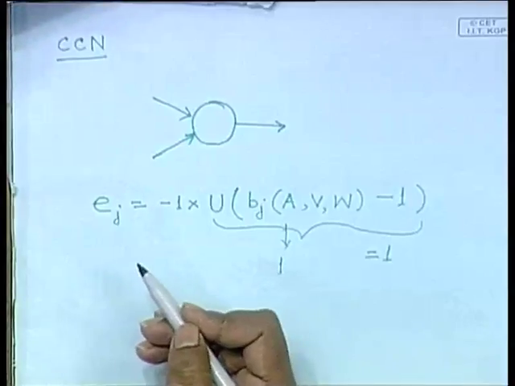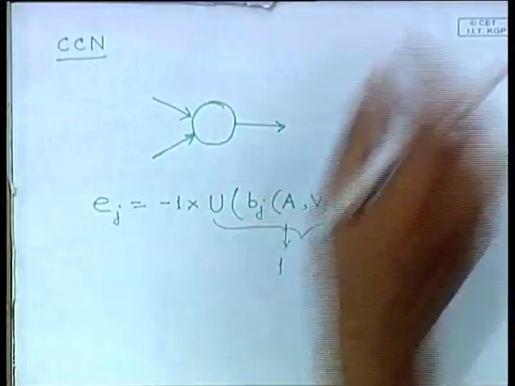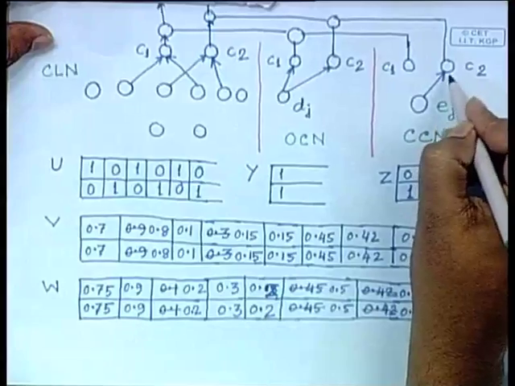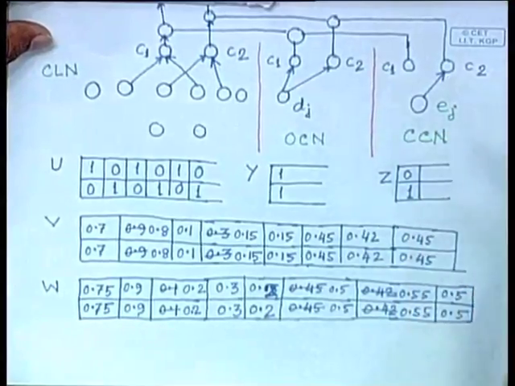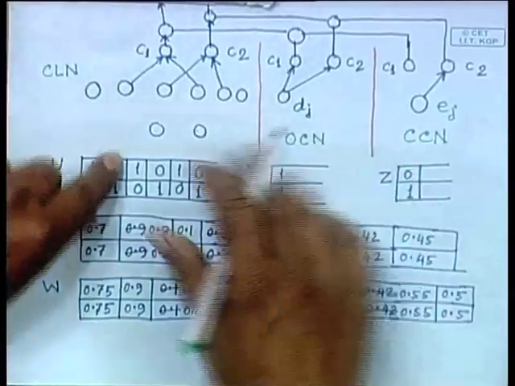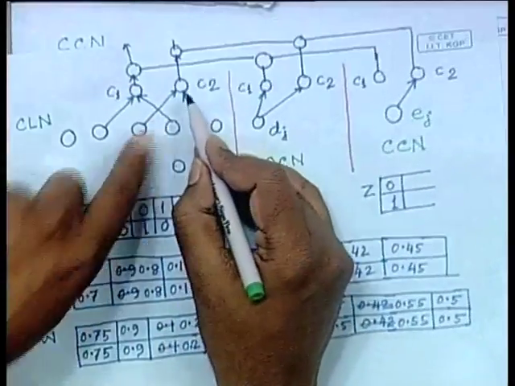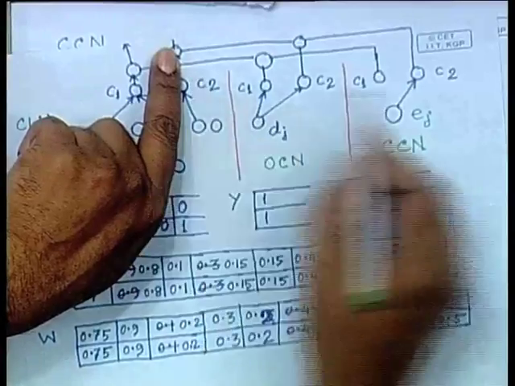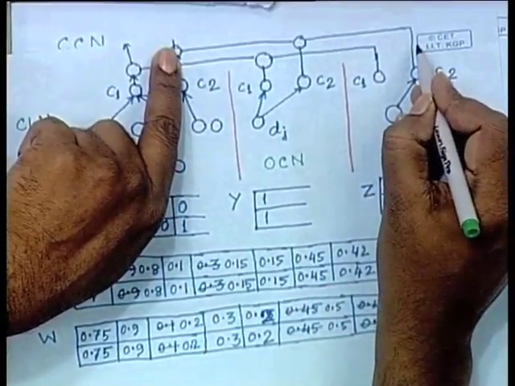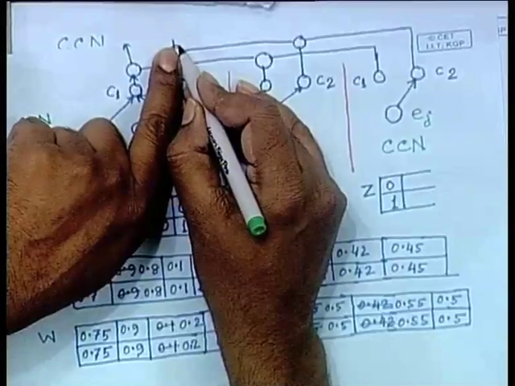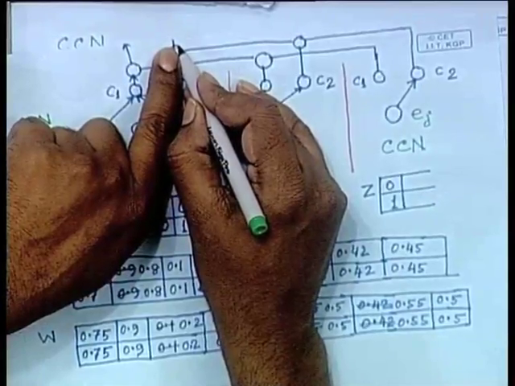So, if the value of E j is equal to minus 1 and this output is connected to the output layer neuron which contains the other hyperbox, right. So, in the classifying section neuron, the corresponding output node has computed a value of plus 1, this gives a compensation of minus 1. When you add these two, the final value becomes equal to 0, right.